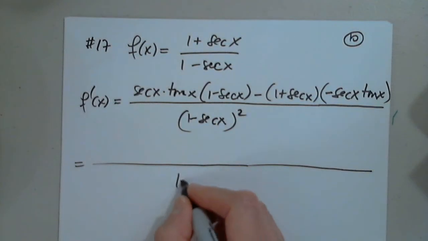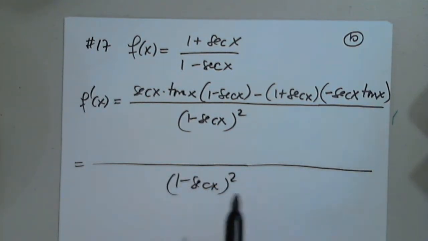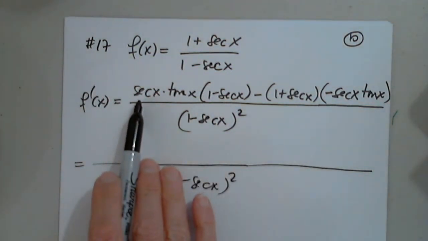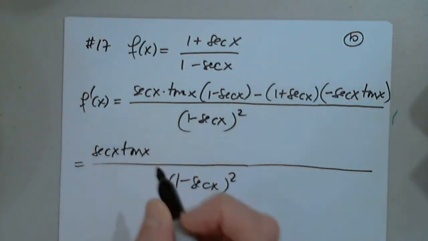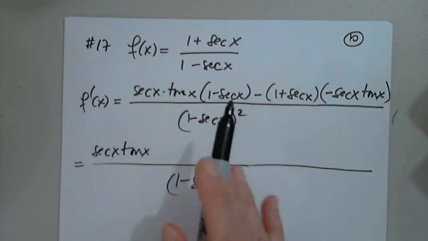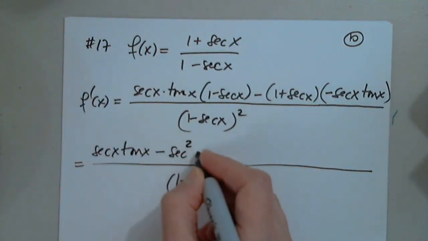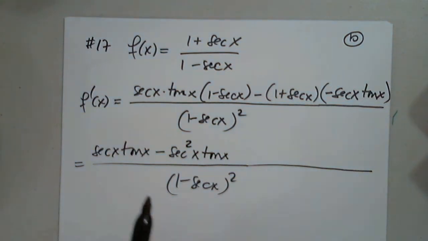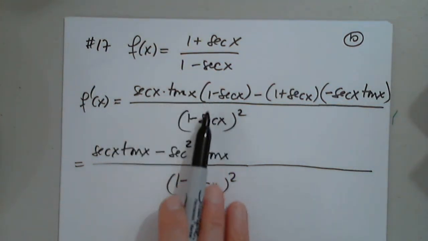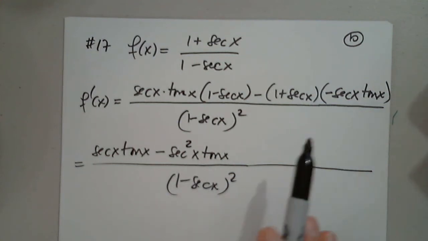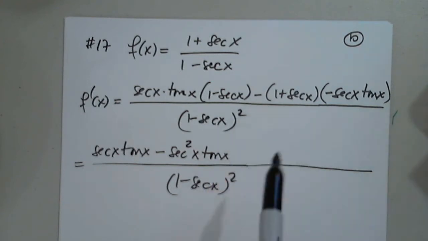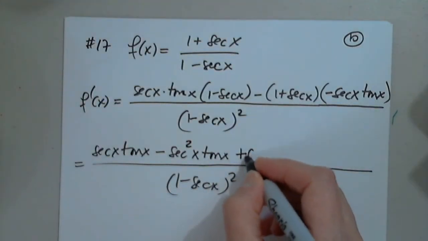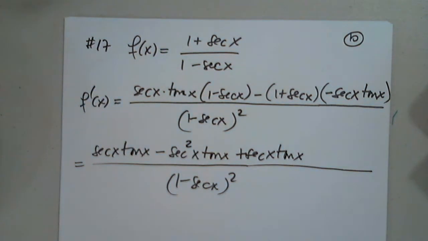So I copy 1 minus secant squared. Let's see if I can get rid of anything from the top. Secant tangent times 1, secant tangent times secant, minus secant squared tangent x. So secant tangent times 1, secant tangent times secant with minus in front. Now, negative secant tangent with 1, but with minus in front, so this is positive secant tangent.